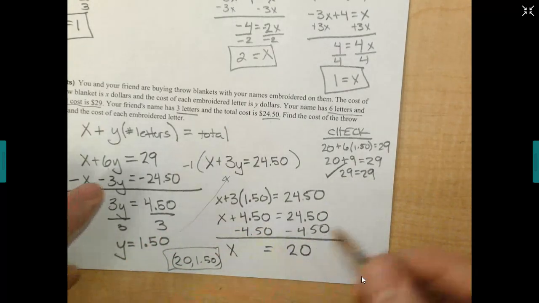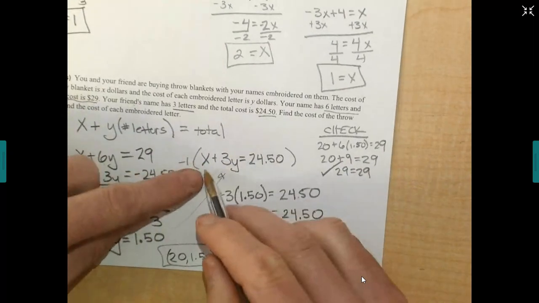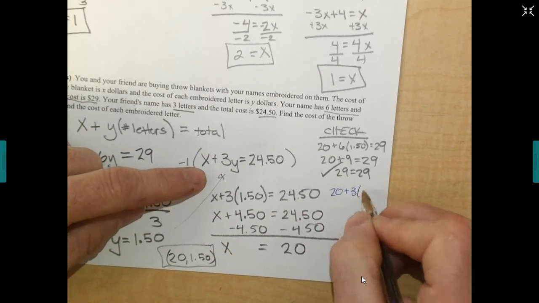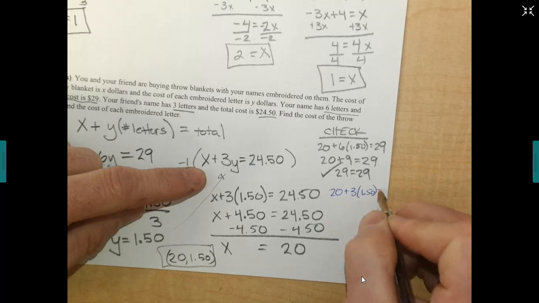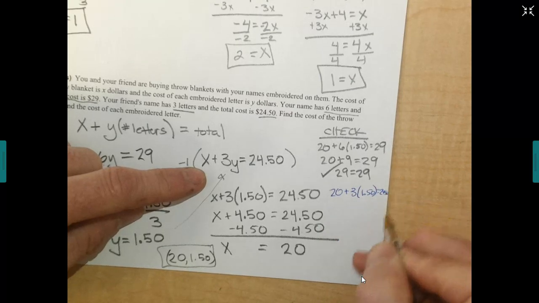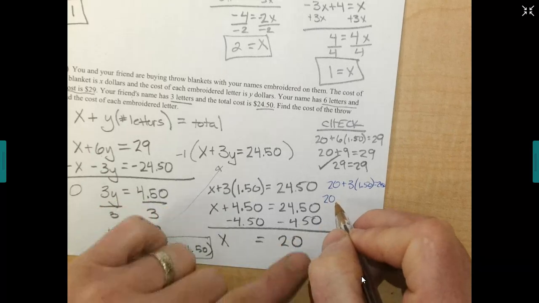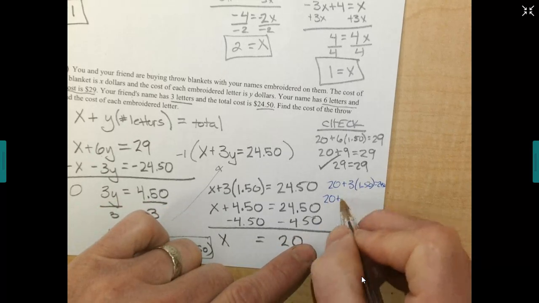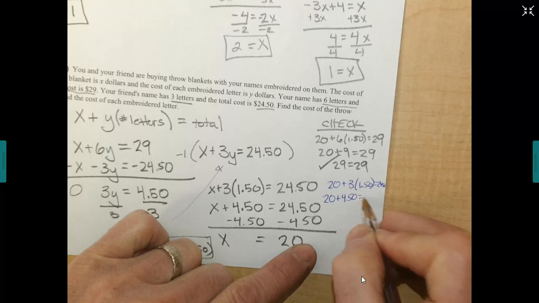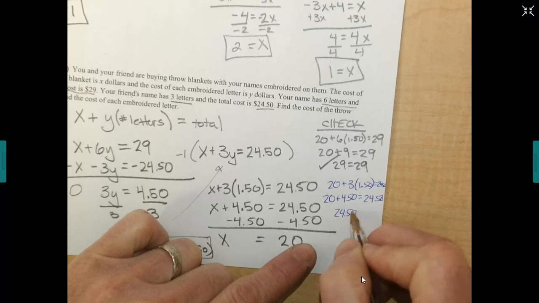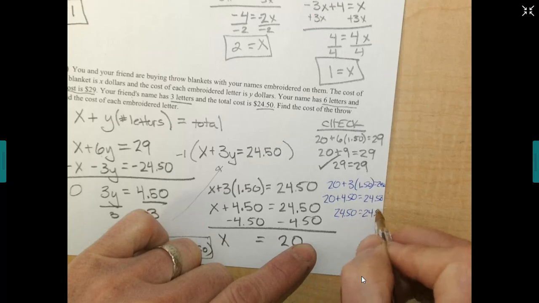And let's check the other one. X plus 3y. So 20 plus 3 times 1.50 equals 24.50. Can't really see that, but I'll make it better. 20 plus 3 times 1.50 is 4.50 equals 24.50. 24.50 equals 24.50.